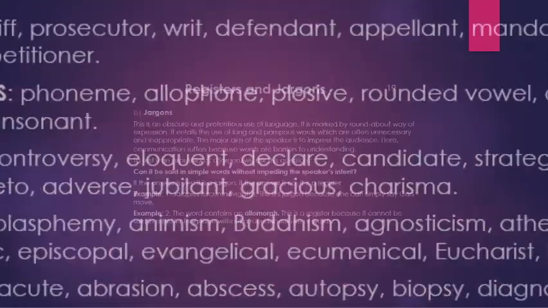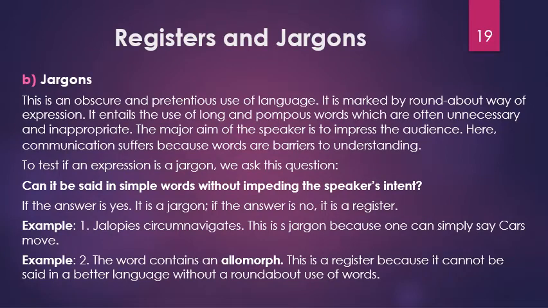And still on register and jargon, we are going to look now at the term jargon. Specifically, when we say jargon, we are referring to an obscure and pretentious use of language. It is marked by a roundabout way of expression.